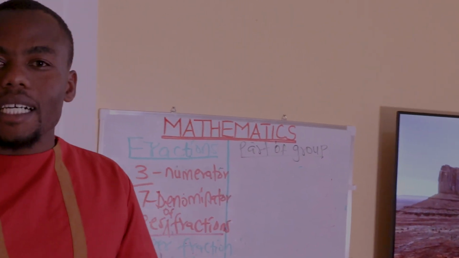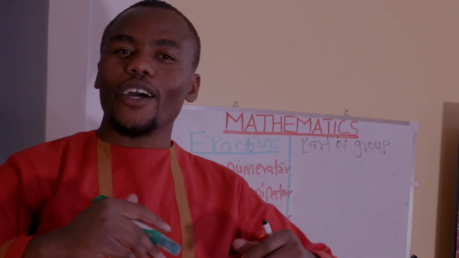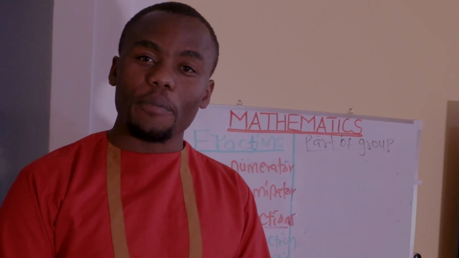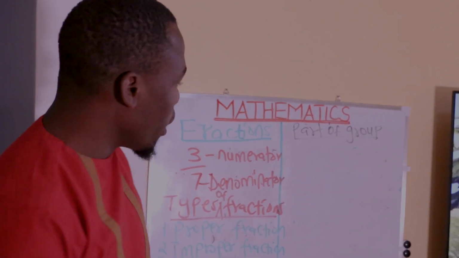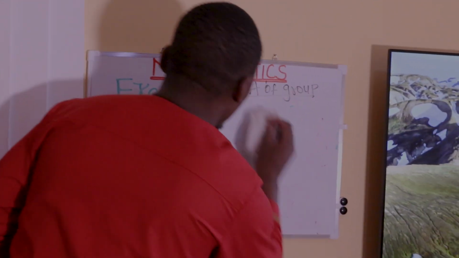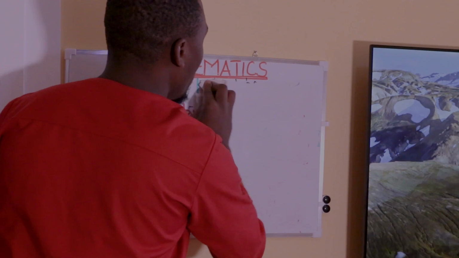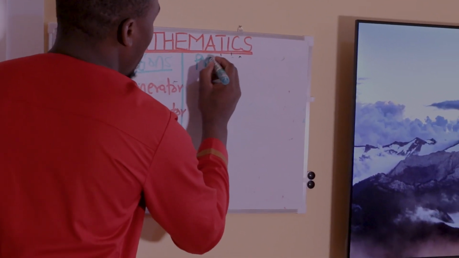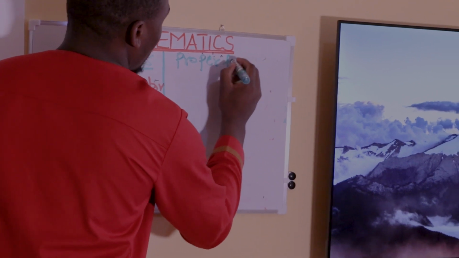Take this as a scenario where an adult is carrying a small child on the shoulders. That is a good example of a proper fraction. A big thing carrying a small thing. A proper fraction is where a small number is on top of a big number.